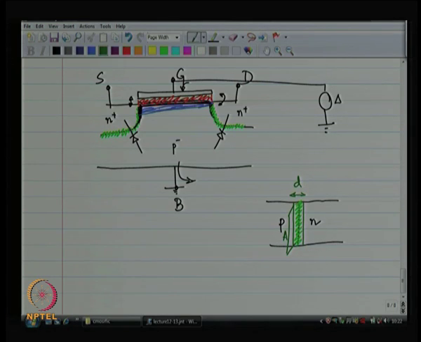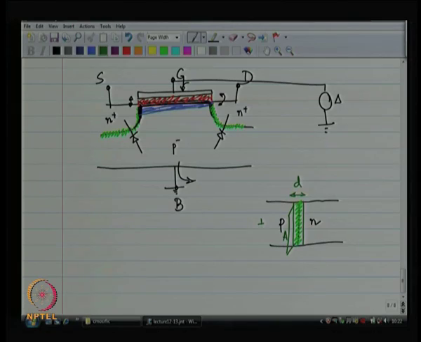Okay. So, this is the capacitance of the p n junction. Similarly, we have got a p n junction over here, and the capacitance is going to be given by the area of the junction times the epsilon divided by the junction depth. Now, the junction depth of course changes when you apply a voltage.